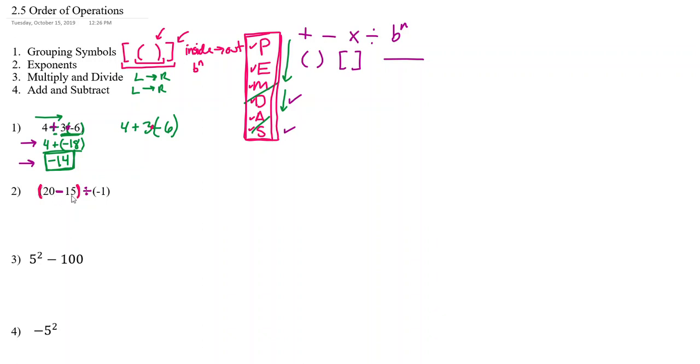It says do what's inside first, the parentheses, and then do what's outside. And so inside that particular parenthesis is 20 minus 15. You could say that's the same as 20 plus negative 15.